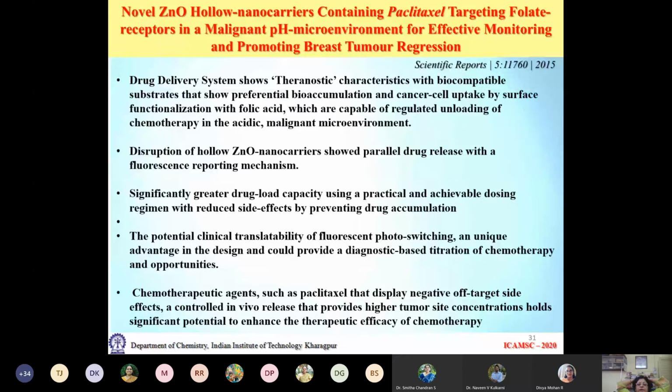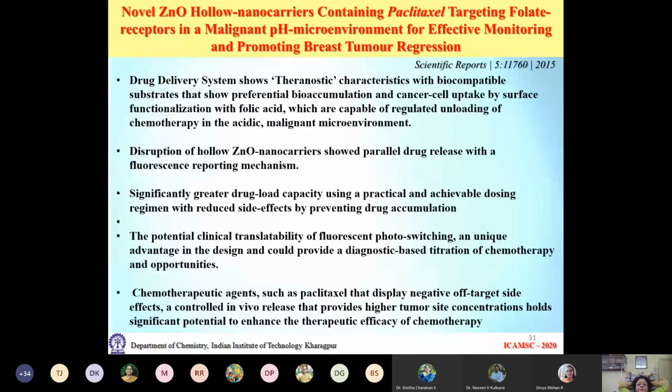So this is obviously a very good design. And since we have a switch on, switch off generated, as soon as the drug delivery unit enters the cytoplasm of the cell, you have increased intensity, so it's behaving like a switch. This can be used also in diagnostic based experiments.